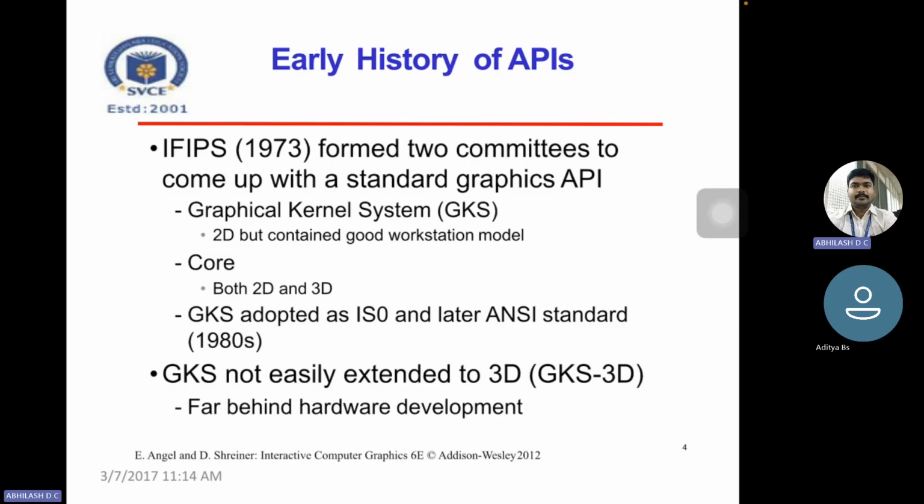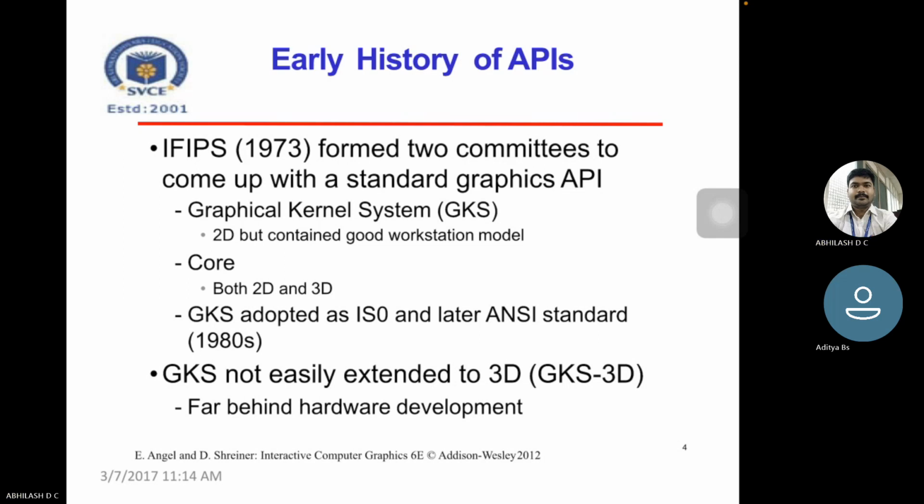Later, it was transformed to two-dimensional as well as three-dimensional in the 1980s. Looking forward, we have PHIGS and X. PHIGS is the Programmer's Hierarchical Graphics System, and after the 1980s, most people started using computers for generating two-dimensional and three-dimensional images. X refers to the late 90s. Windows was one of the supporting media for graphics, so the Windows system was written separately.